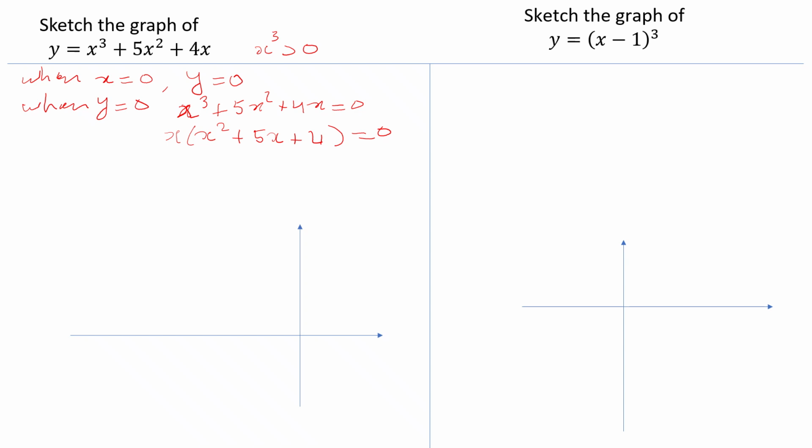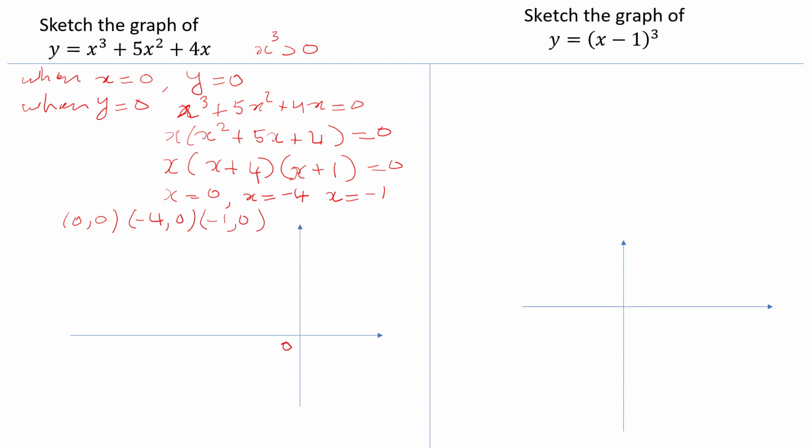Now this is a quadratic. Now we need to factorize again. x times, if you multiply, plus 4, if you add, plus 5. So 4 plus 1 is 5. So positive 4, positive 1. The roots are x equals 0, x equals minus 4 and x equals minus 1. So the coordinates 0, 0, minus 4, 0, and minus 1, 0.